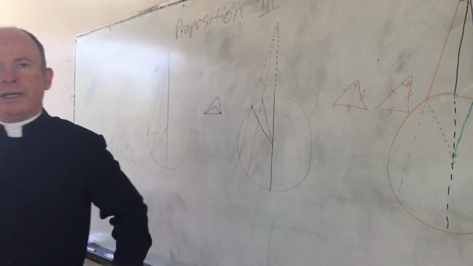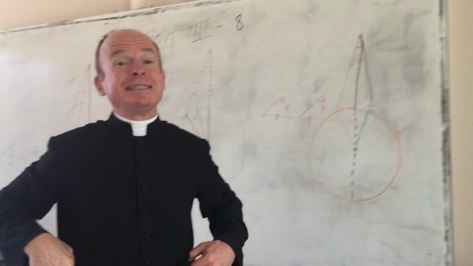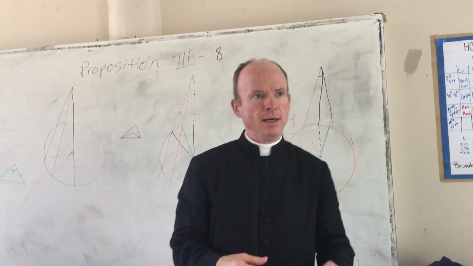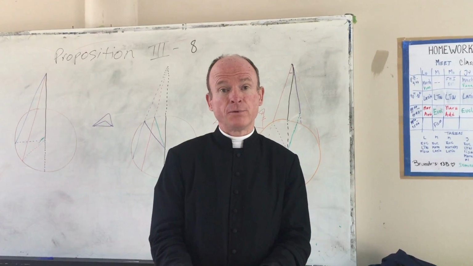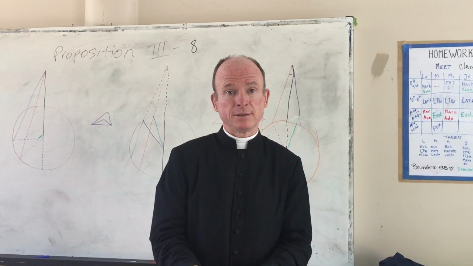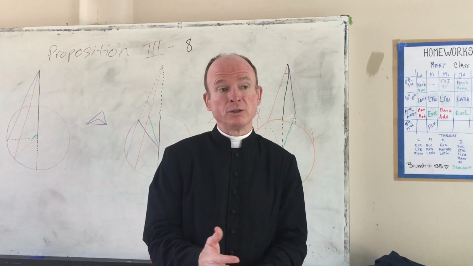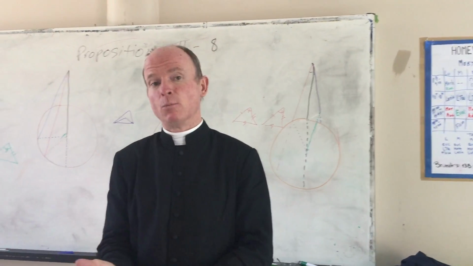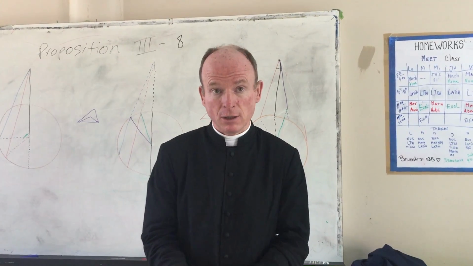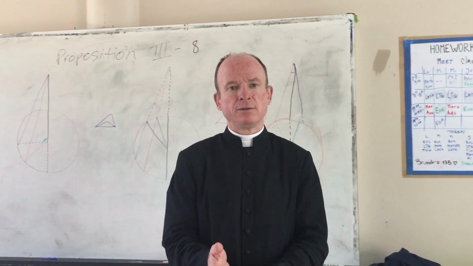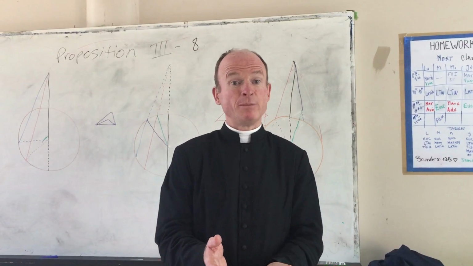Okay? So we have seen then that if there be a circle and a point taken outside that circle, of the lines falling on the concave of the circumference, the one passing through the center is the greatest, and the ones closest to that are always going to be greater than the more remote from that greatest line. And of the lines falling on the convex of the circumference, the one passing through the center is going to be the least.